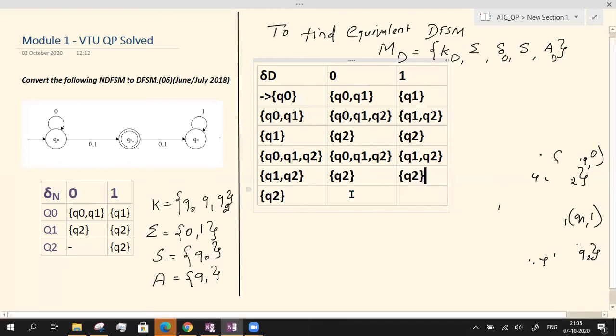From Q2 on reading 0, if we refer to the NFSM transition table, there is no transition, so let us keep it blank. From Q2 on reading 1, it says Q2, so please write the same thing here.